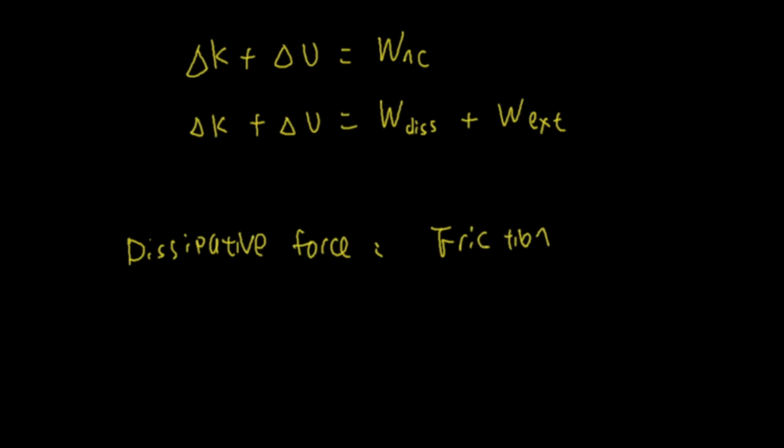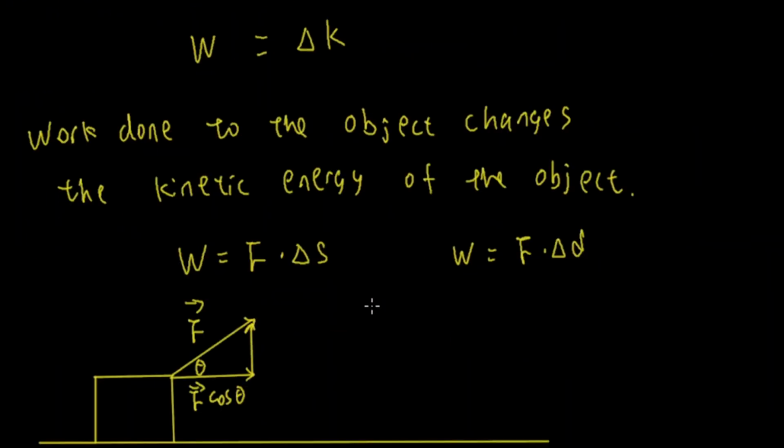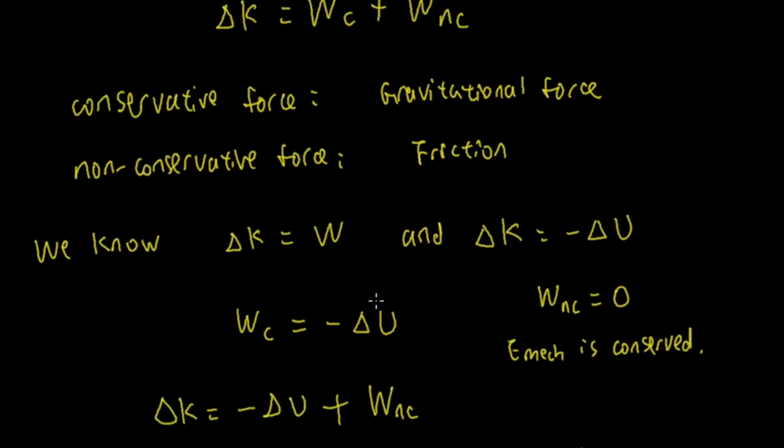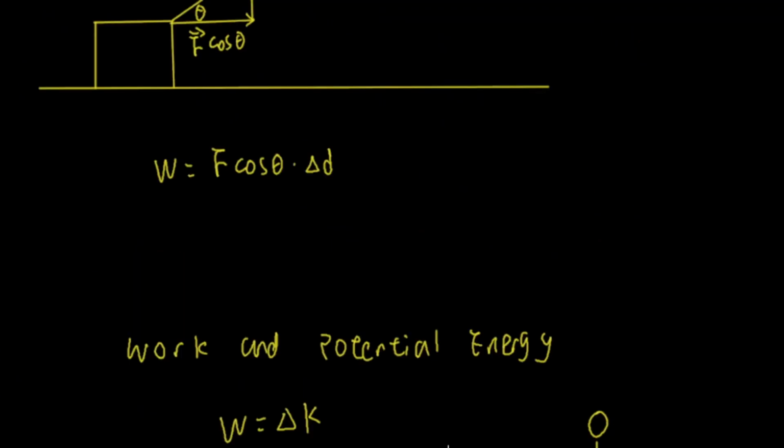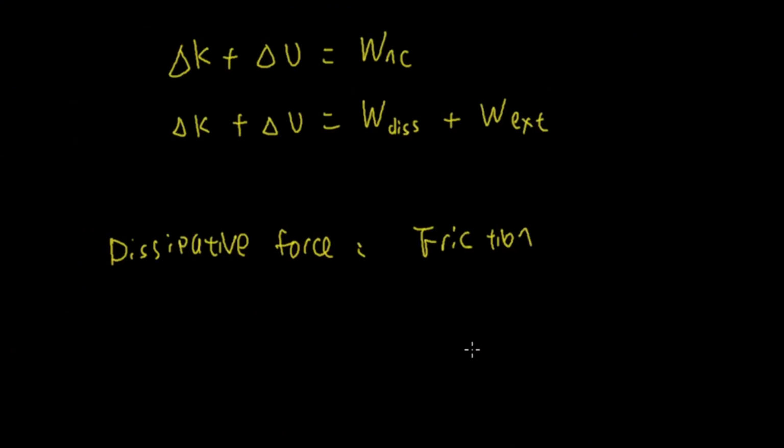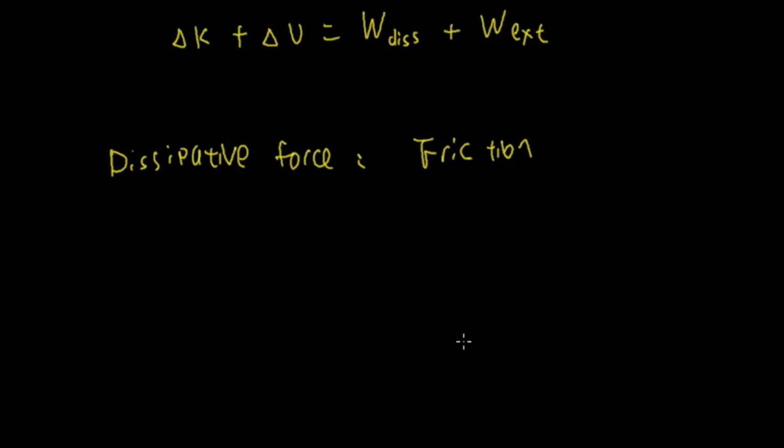I just talked about an example for non-conservative force to be friction. And now, I'm talking about an example for dissipative force to be friction. Why? Because dissipative force is also non-conservative force. Okay, now, that will make sense now, right? If friction can actually convert the energy, like the mechanical energy, into thermal energy.